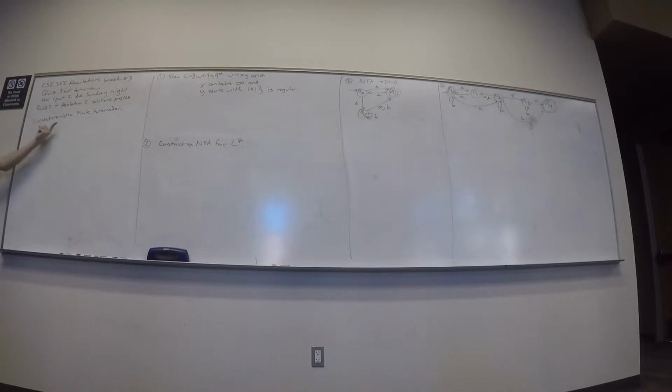So I get the deterministic part, but what does the non-deterministic have to do with it? Choice. Whereas in a DFA, we only had one thing we could possibly do, and in non-deterministic, we have more than one choice, possibly, or 0 choices. So what are the types of choices that we could have in an NFA?